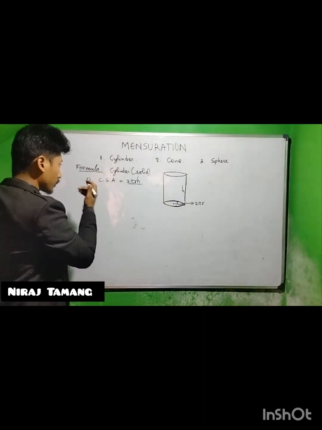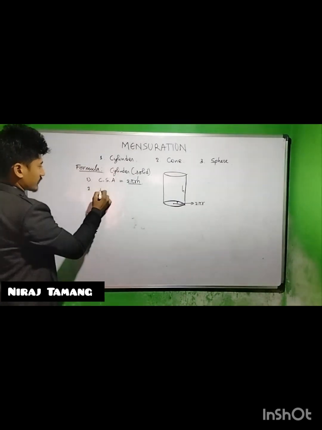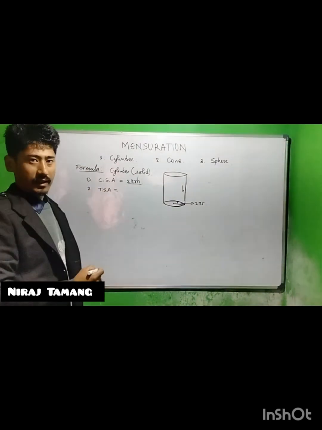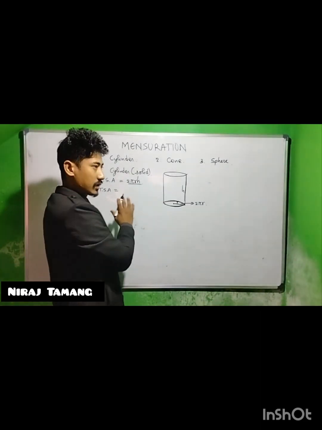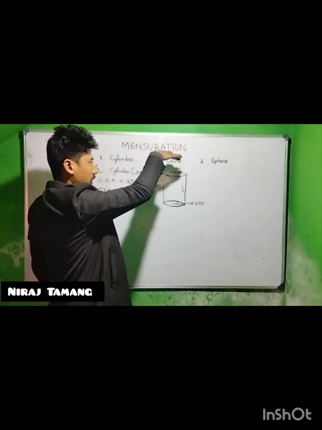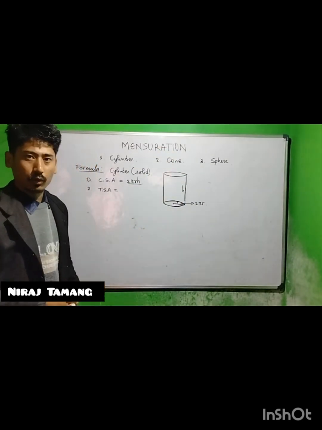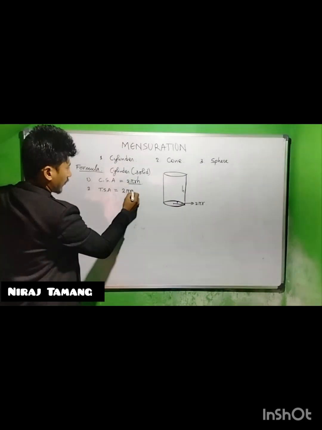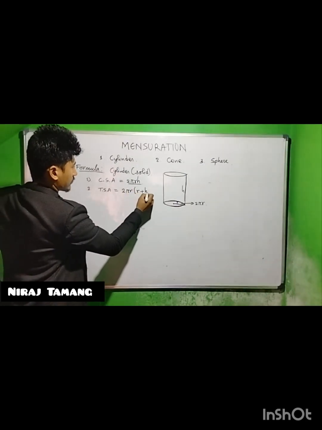Number 2 is TSA, that means total surface area. That means in this formula we have to include the curved surface area and the upper and lower circular parts of the cylinder, whose formula becomes 2 pi r times r plus h.